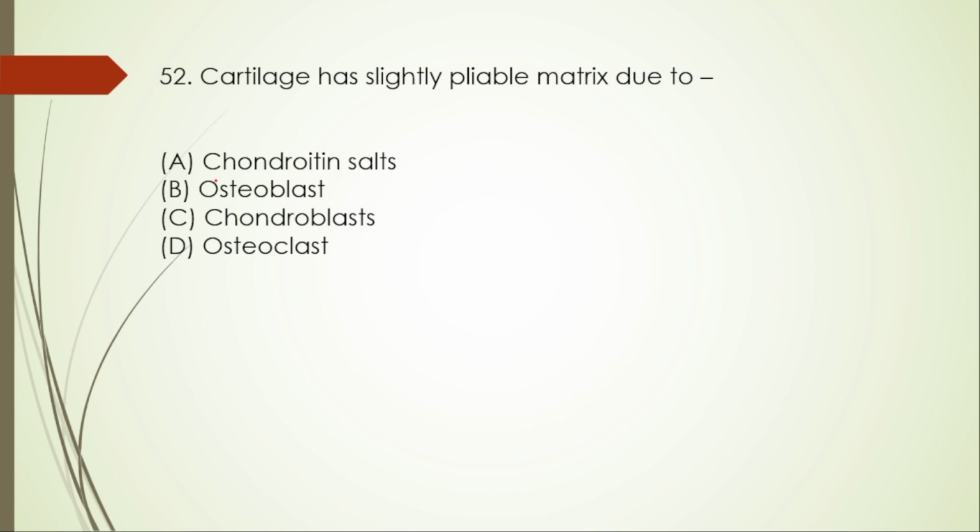Cartilage has slightly pliable matrix due to A, chondroitin salts, B, osteoblast, C, chondroblast and then D, osteoclast. So here the right option is option A.